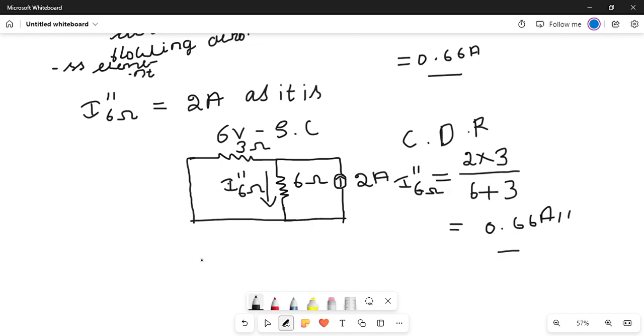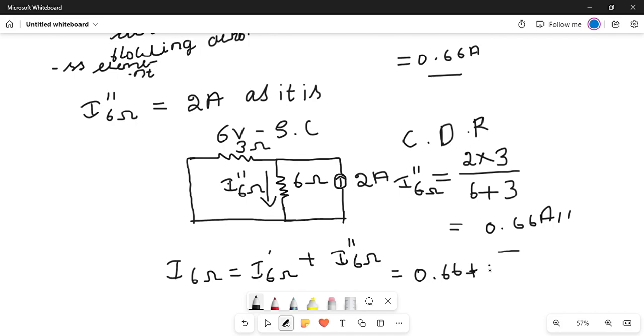So that is 0.66 plus 0.66, since we have got both as 0.66, which is equal to 1.32 ampere. And this is the answer for the given problem.